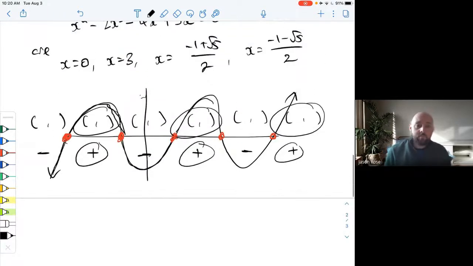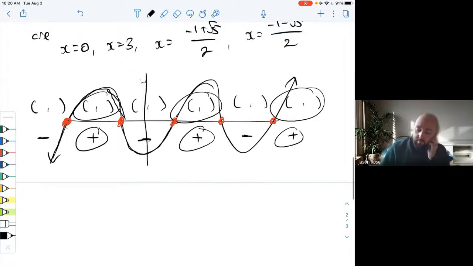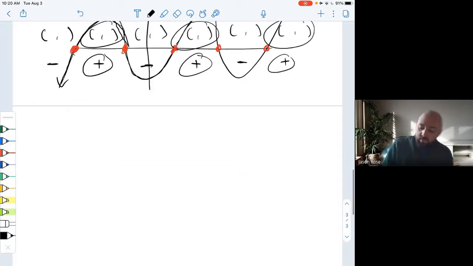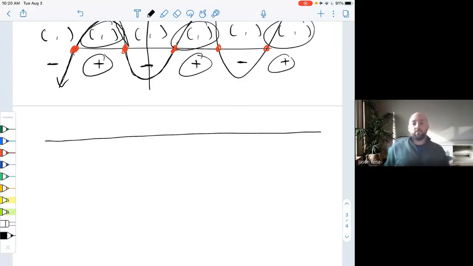Okay, so where was I? Right, okay, so what we want to do is think of the number line, but with those numbers that we've just found, kind of separating it all out for us.